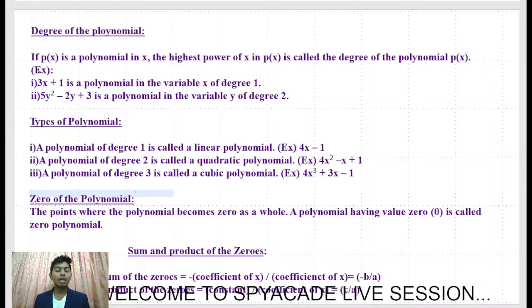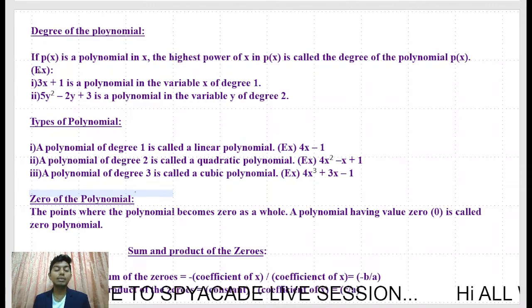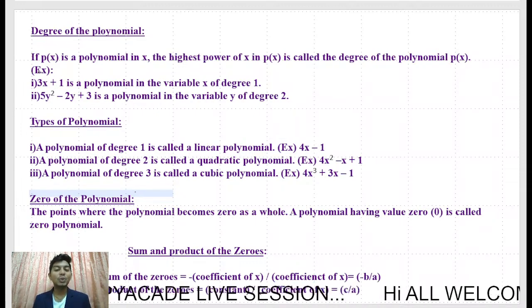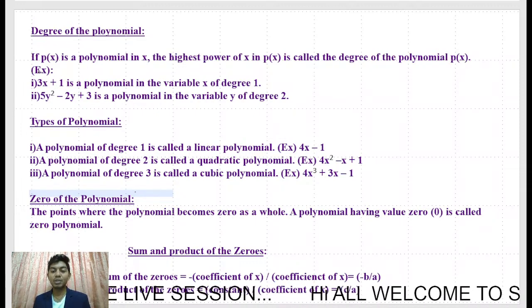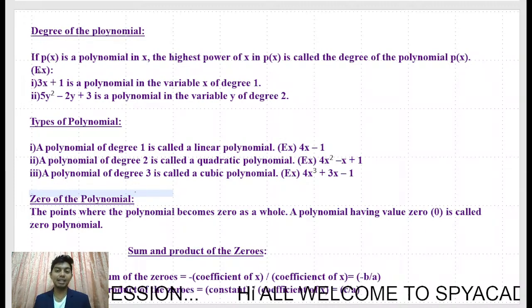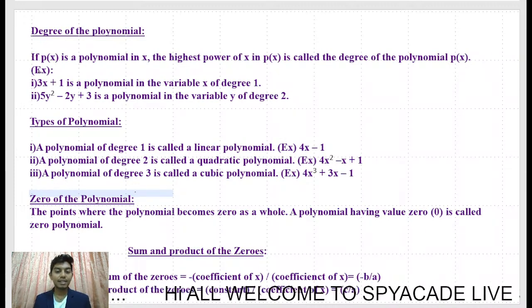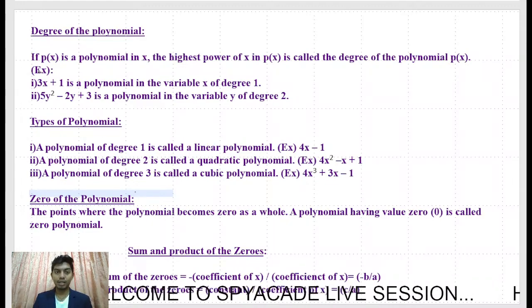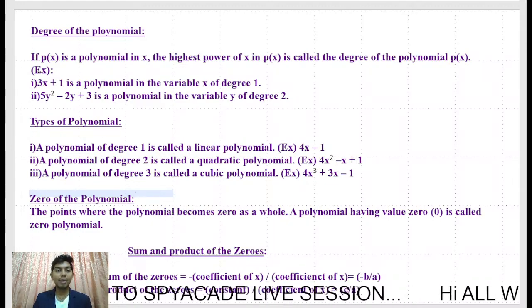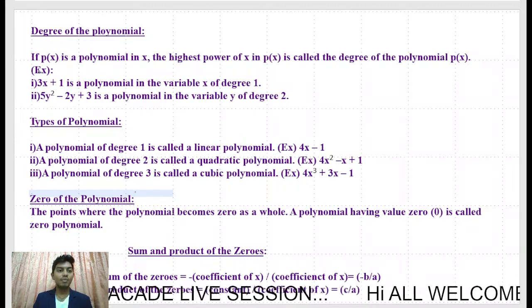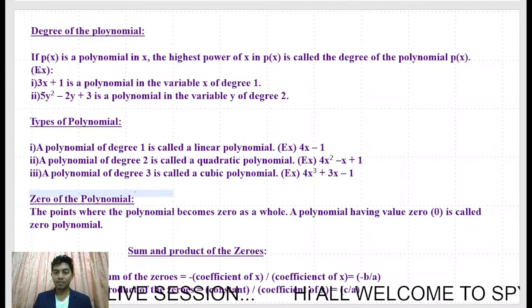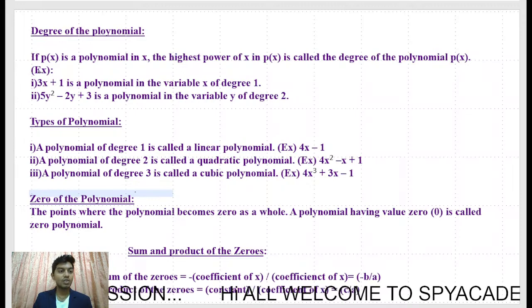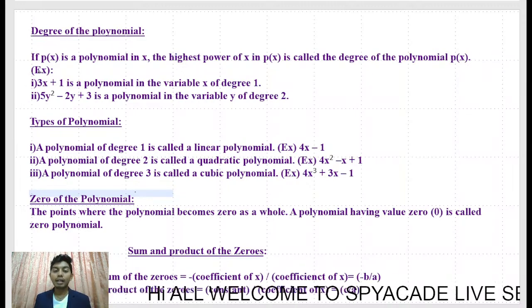And the next one, a polynomial with degree 3, is called a cubic polynomial. You can see 4x cube plus 3x minus 1. Here the highest power is 3, so it is called a cubic polynomial.